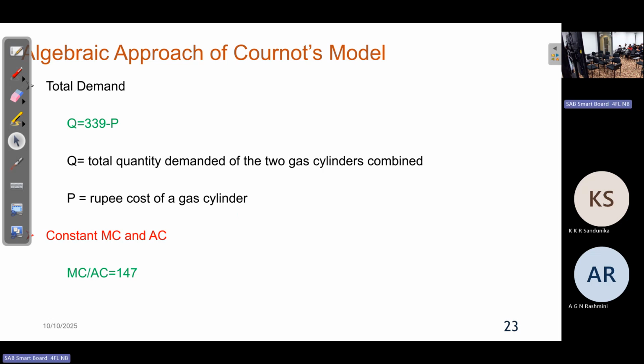So when you are calculating the total revenue, you have to make sure this Q is extended to Q1 plus Q2.